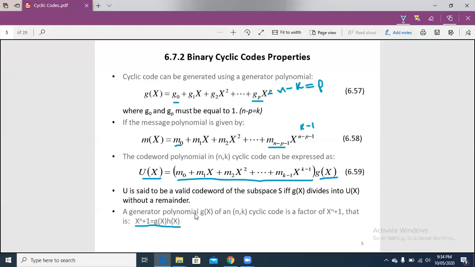So first, what we have to do is choose the generator polynomial, and then we shift the code word by the power of n minus k. This message is of order k. So we have to shift this code word by n minus k bits, so that we can add this parity into this code word.